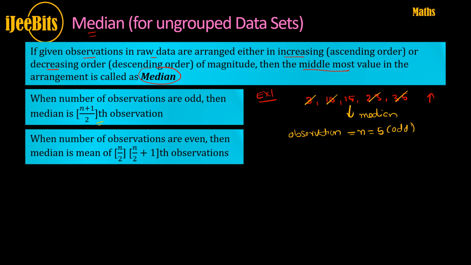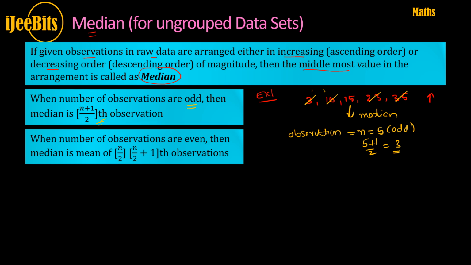When the number of observations is odd, the median is the (n plus 1) by 2 th observation. So 5 plus 1 by 2 equals 3. The third element should be your median. In our case 1, 2, and 3, this is the third element. That's what we talk about. Clear?